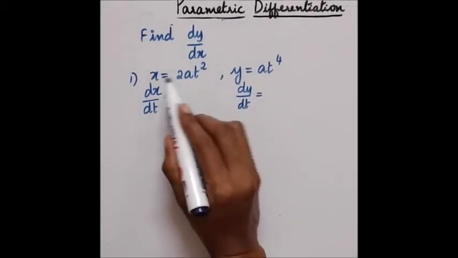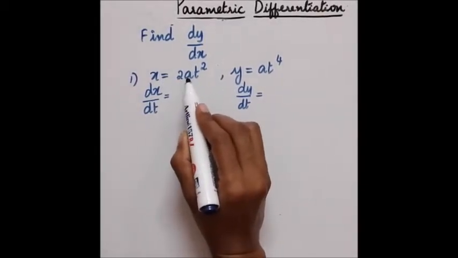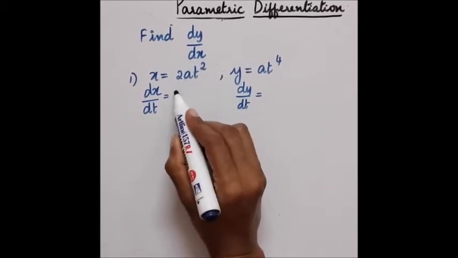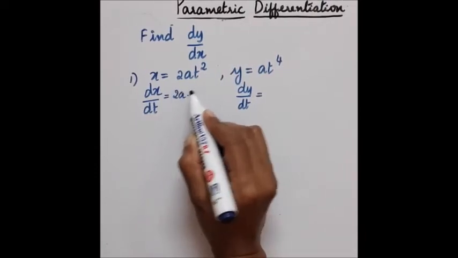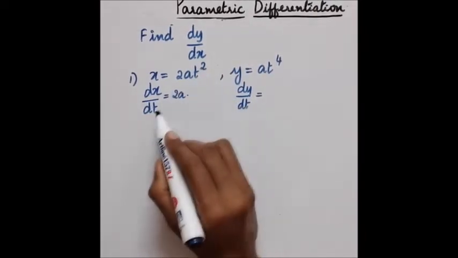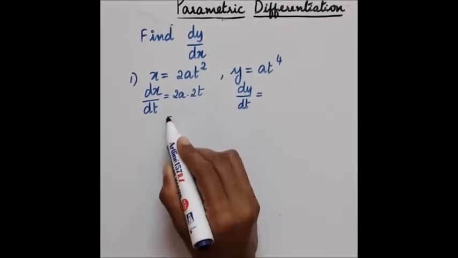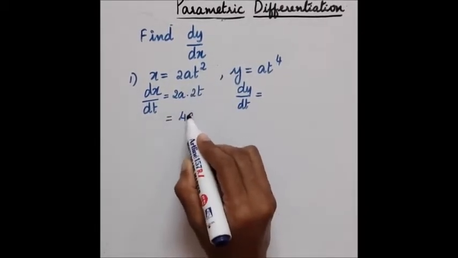So what is dx by dt? 2a into t square, constant into variable. We know to differentiate the constant into the derivative of t square with respect to t, which is 2t. So dx by dt is 4at.